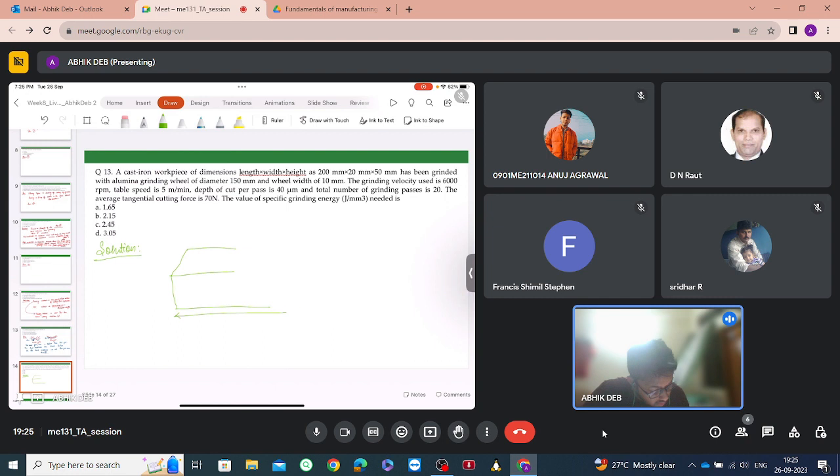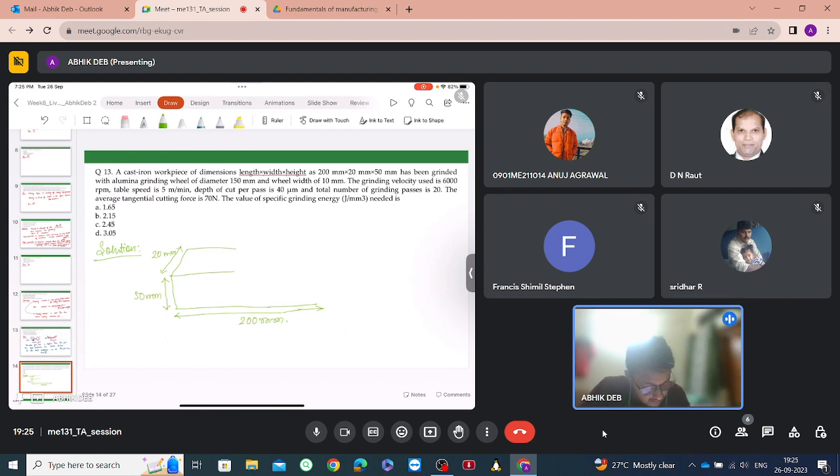So this is 200 millimeters length. The width is 20 mm and the height is 50 mm.